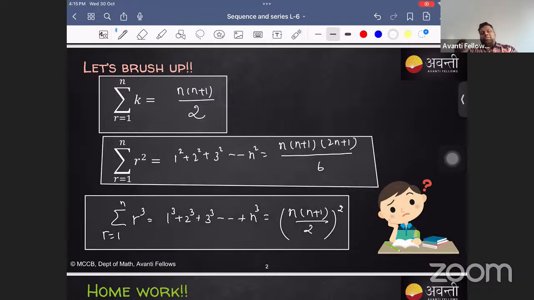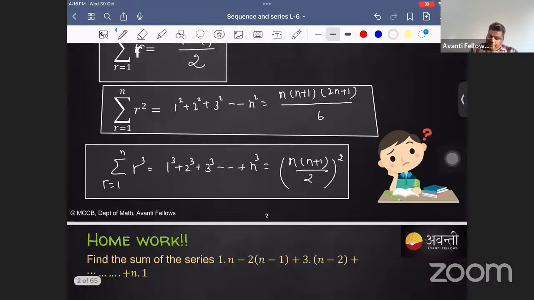Now I hope you also understand the meaning of sigma, sigma k square and sigma k cube. Anyways, this should be either k or r. Let's make it r.